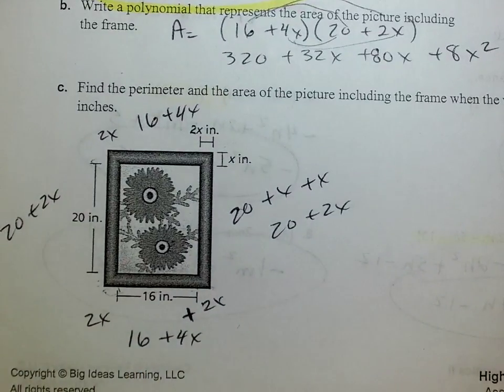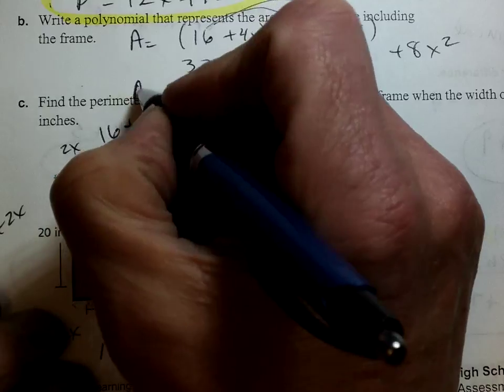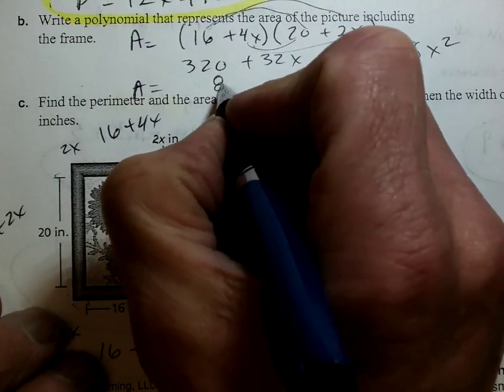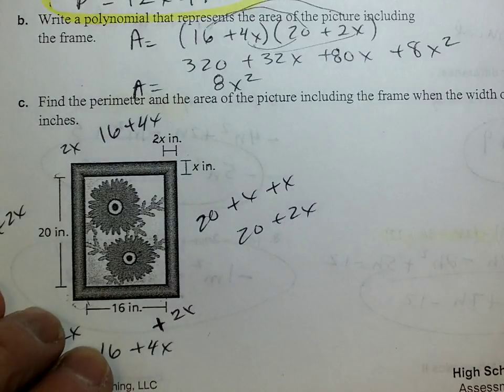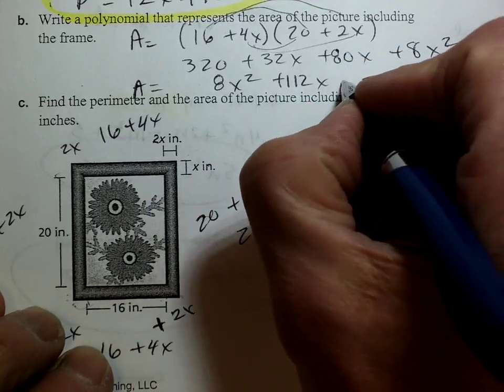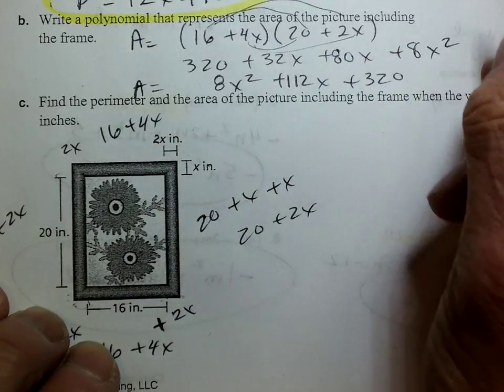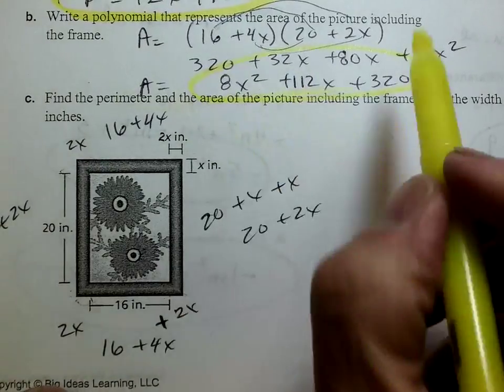I'm just simplifying it. A better answer would be area equals 8x squared. If I add those two, what's 80 plus 32? 112x plus 320. Okay, that's a better answer, right? You guys agree? Better answer? Yeah. Okay.